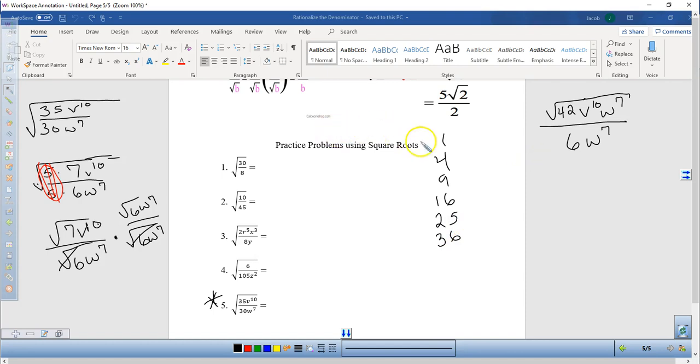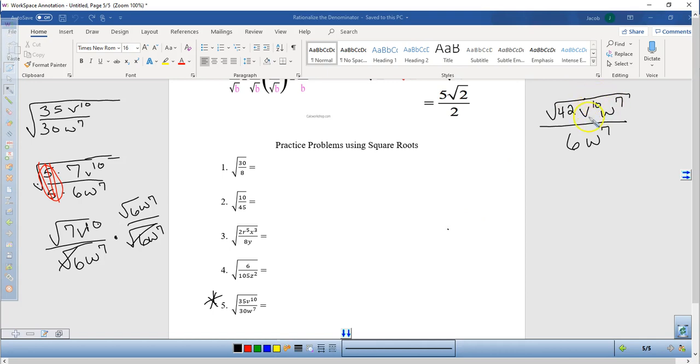So 1 would work, but that's not going to get us anywhere. 4, that doesn't work, that gives me 10.5. 9, that doesn't work, that's 4.6. 16, that's going to give me 2.65, that doesn't work. 25 is not going to work, that's not a part of 25, and 36 isn't going to work, it's too close. So none of these work. 42 is just going to have to stay the way it is inside the radical.